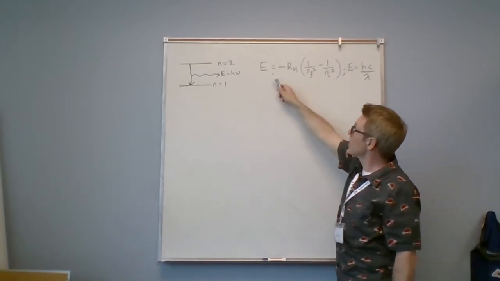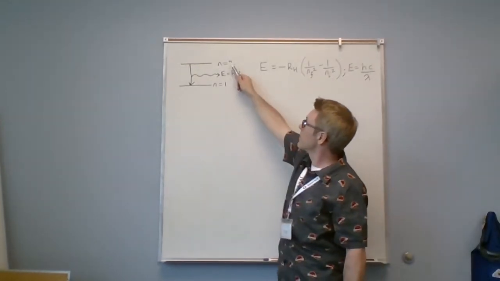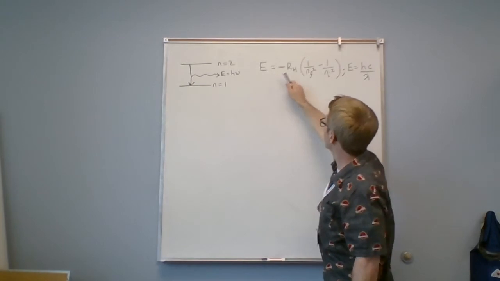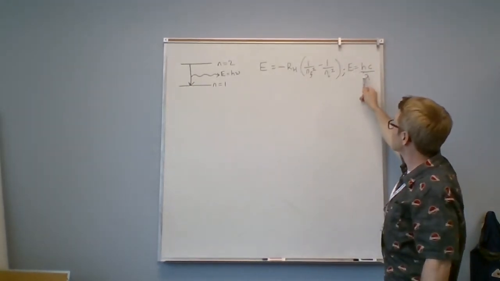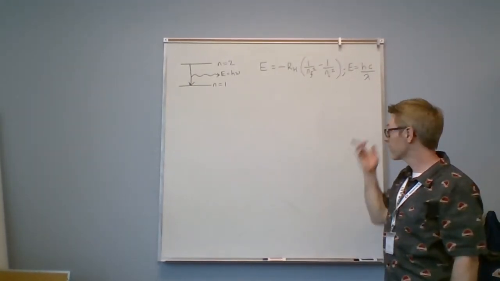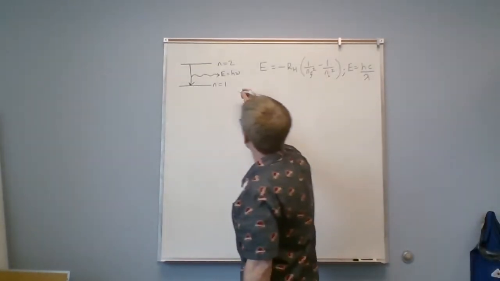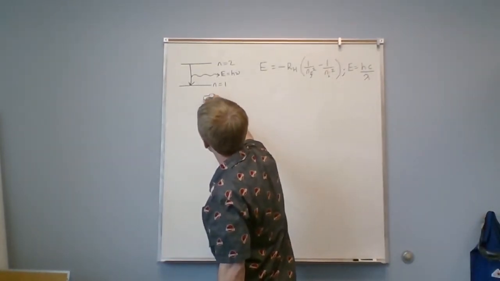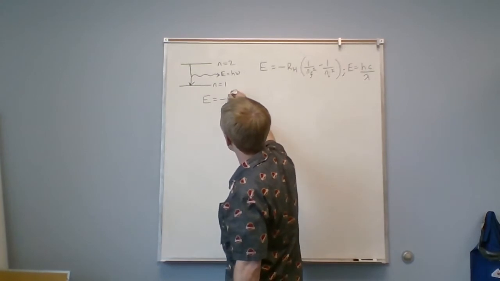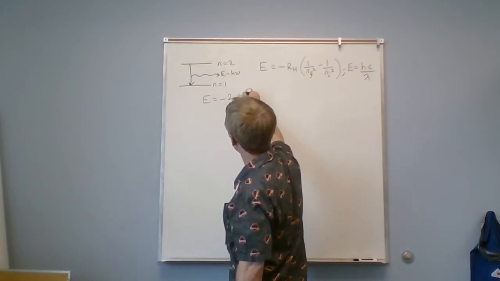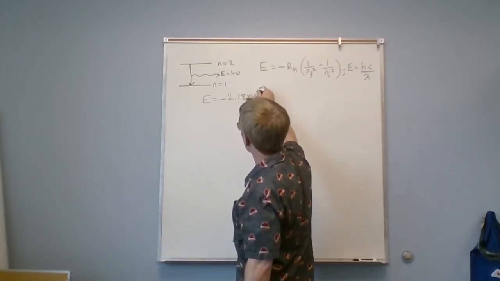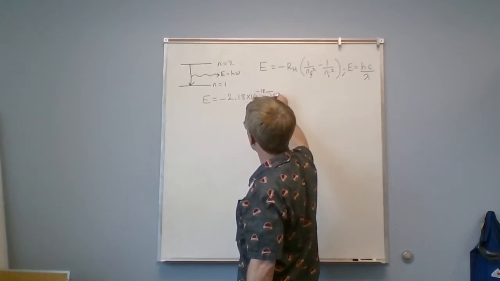So we're going to use the n values to solve for E, and then plug in E here to solve for lambda. So I know that energy is minus the Rydberg constant, which is negative 2.18 by 10 to the negative 18 joules.